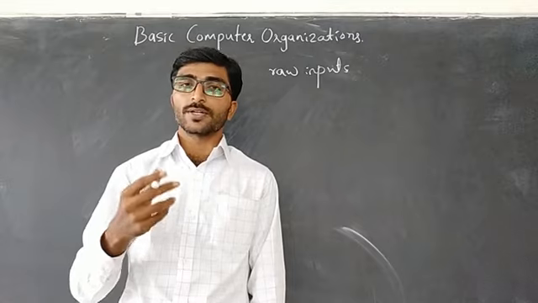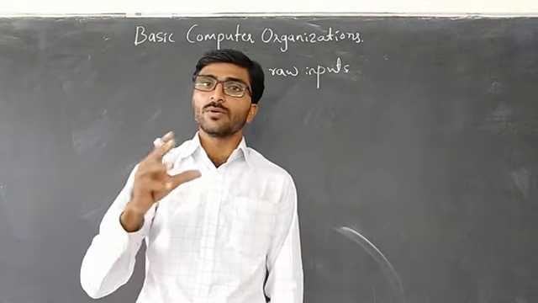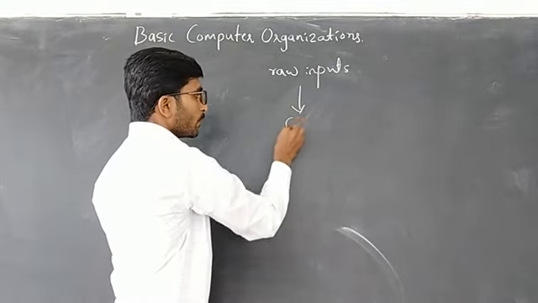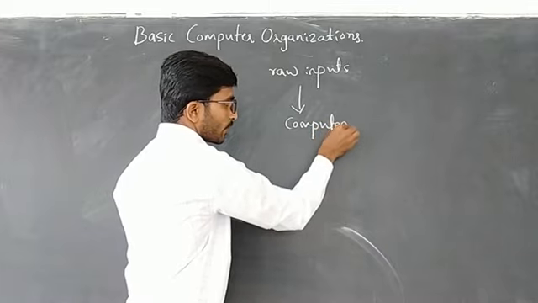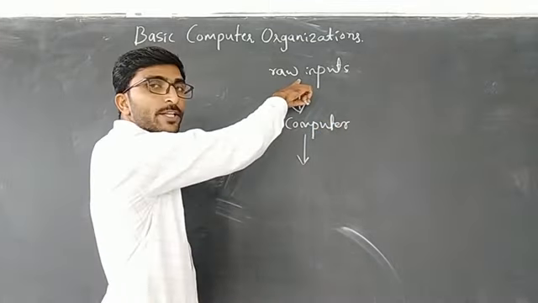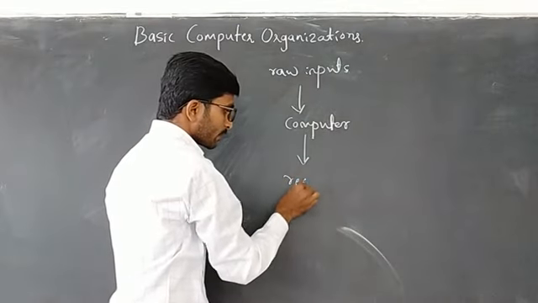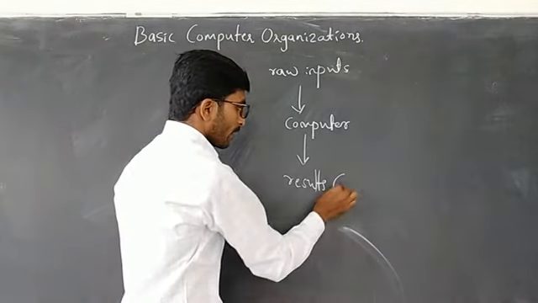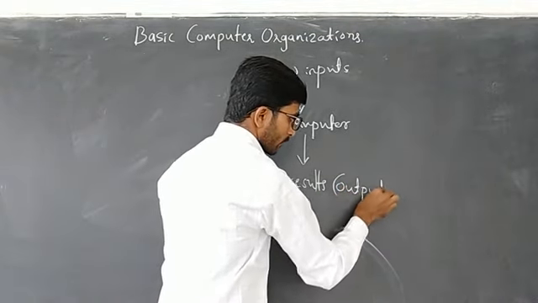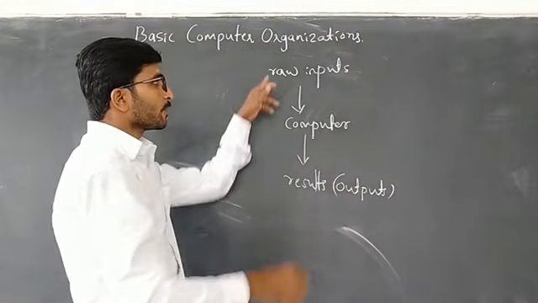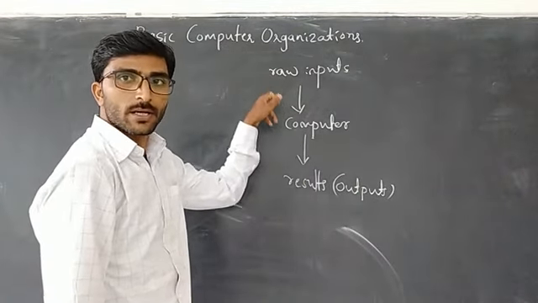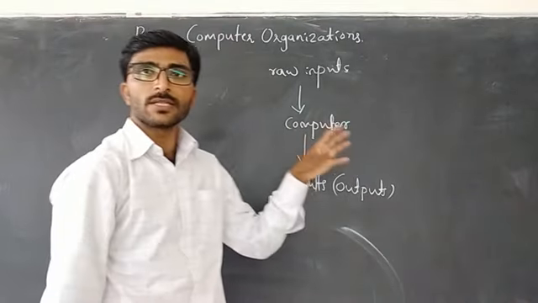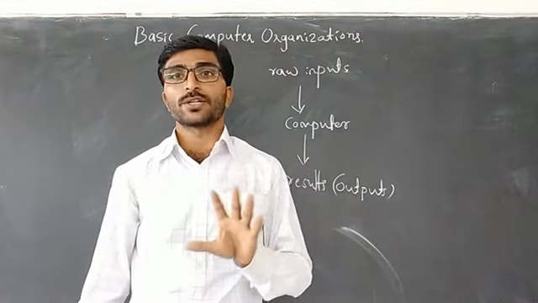So using that raw input, how does the computer convert it to the result, or you can say output? How does it convert the raw information, raw data, and provide the result? All of this is performed by the 5 functions.